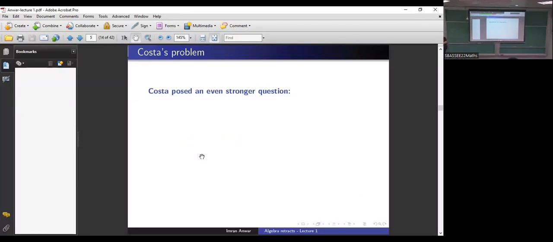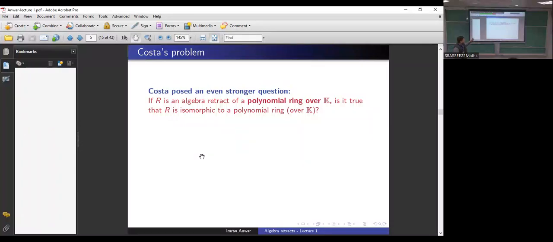The question Zariski gave is for the polynomial ring. What Costa asked, now known as Costa's problem, says that if R is an algebra retract of a polynomial algebra over K, then R is isomorphic to a polynomial ring. So in that case, you just need to drop a variable, but this problem is even harder.